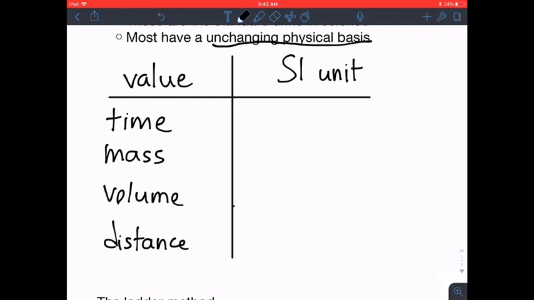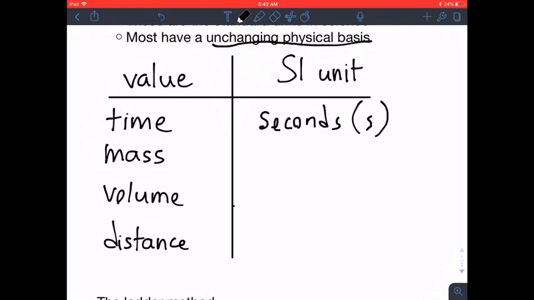Time, for example, which we measure in seconds, is based on how fast certain radioactive elements decay. The symbol for time is always a lowercase s. Mass is the one that doesn't have a physical basis.